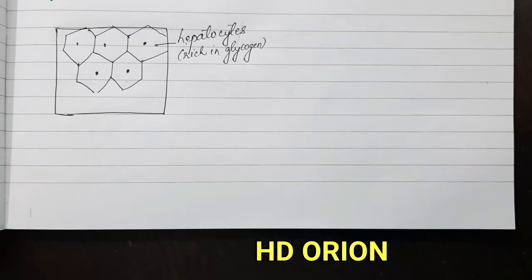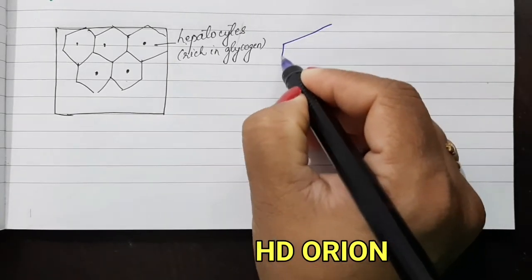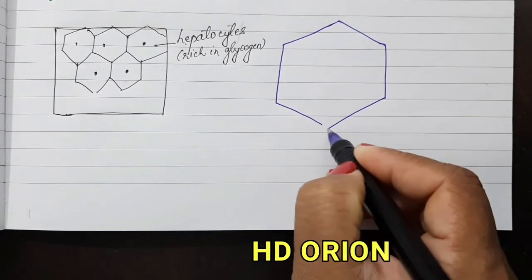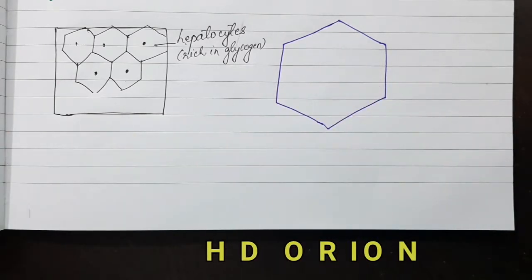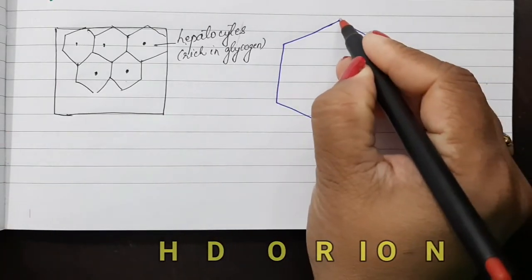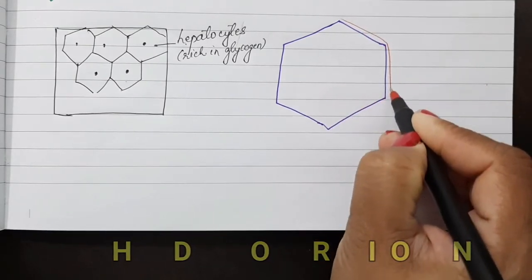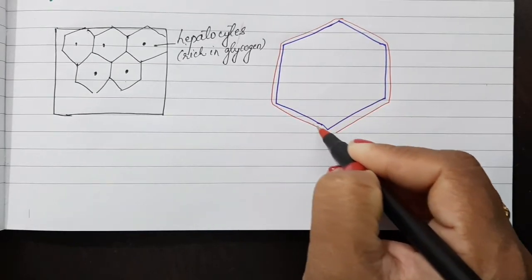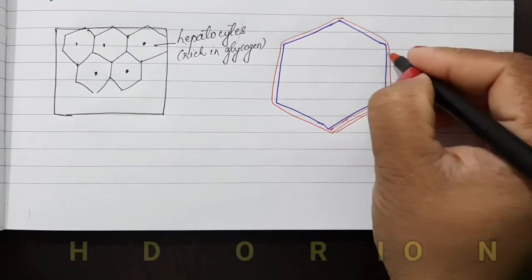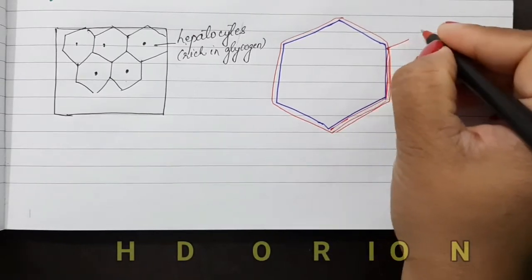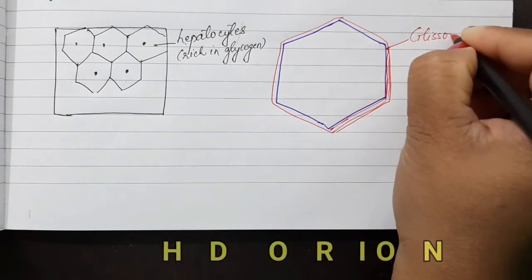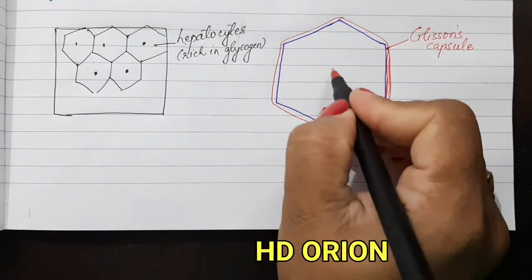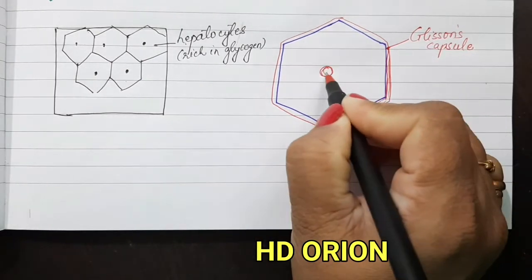So if I take an enlarged section of one hepatic structure like this, it has an outer Glisson's capsule. This is the fibrous outer structure which is known as Glisson's capsule, and in the center the central vein is present.